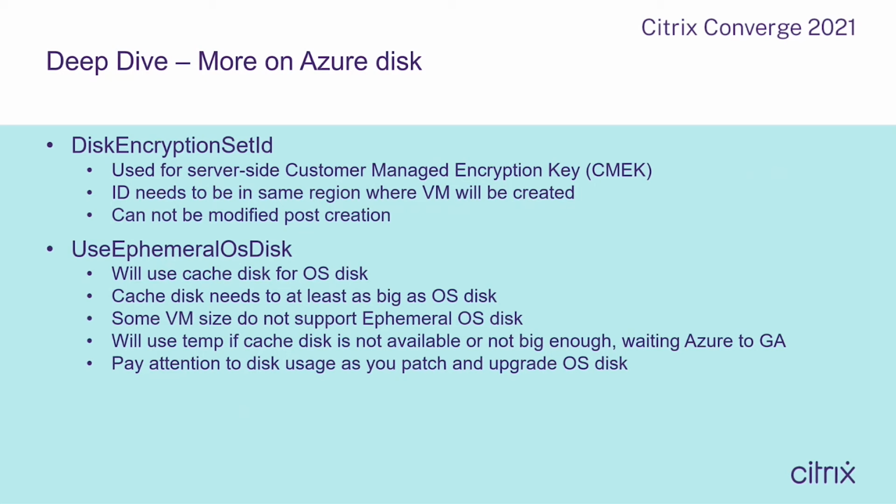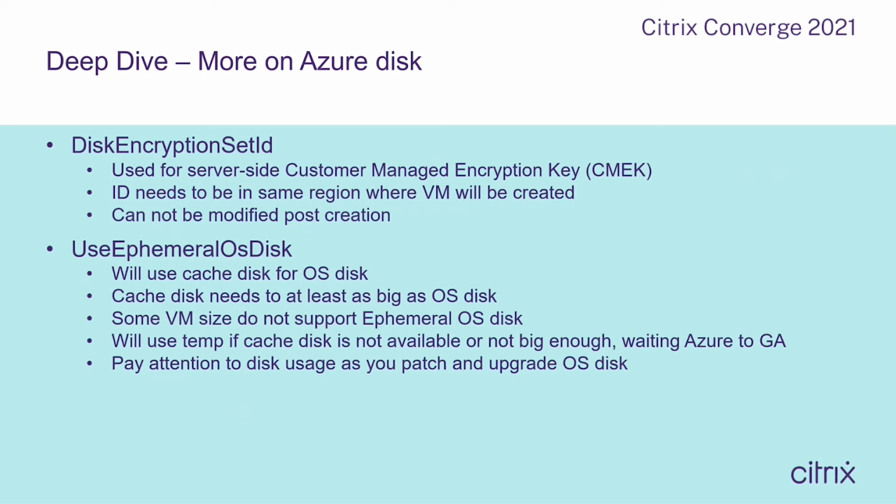So you set it at the beginning of the catalog creation time. You cannot change that. It's actually an Azure limitation. So we basically check for you to make sure that we don't allow you to change. Even if we allowed you to change, it doesn't actually matter, because if you change to a new ID, the new VM creation will fail because it no longer matches. The ID itself cannot be changed.